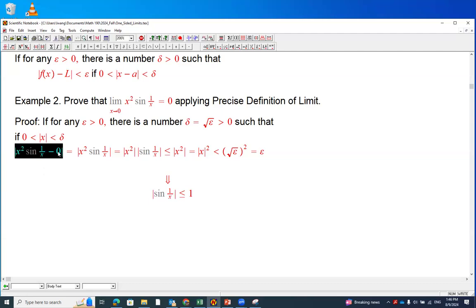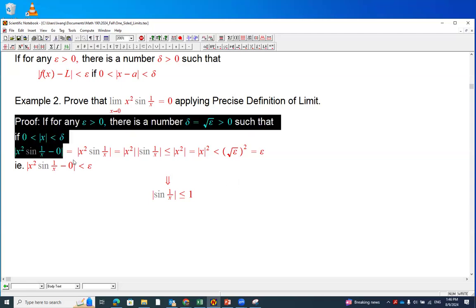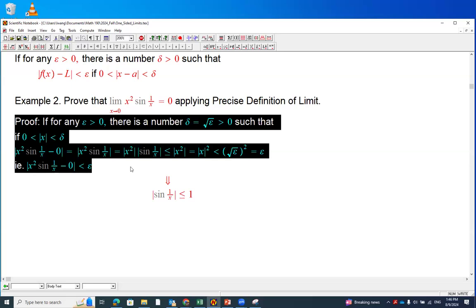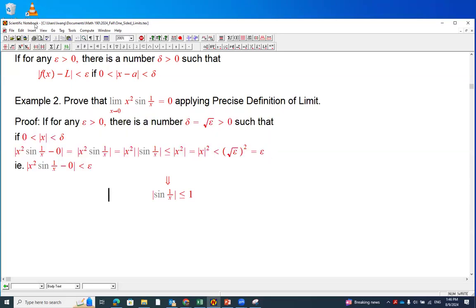So you would like to add a sentence, i.e., this piece is less than epsilon. And that's it. This proof is done, okay?